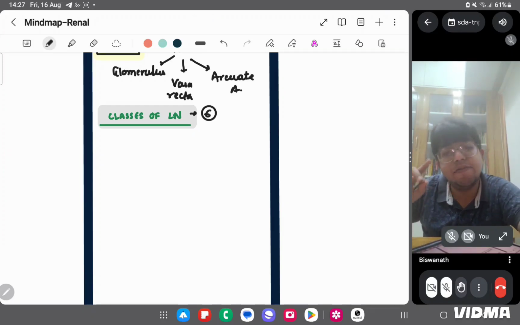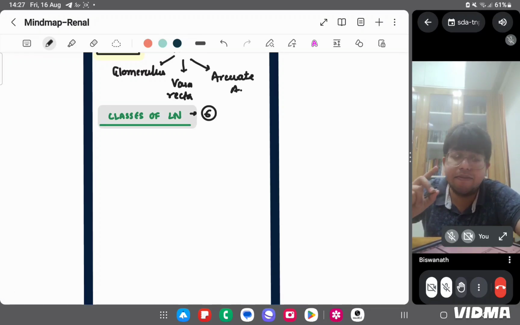Class 1 is minimal mesangial lupus nephritis. Class 2 is mesangial proliferative lupus nephritis. Class 3 is focal lupus nephritis. Class 4 is diffuse lupus nephritis. Class 5 is membranous lupus nephritis. And class 6 is advanced sclerosis lupus nephritis. These are the stages.